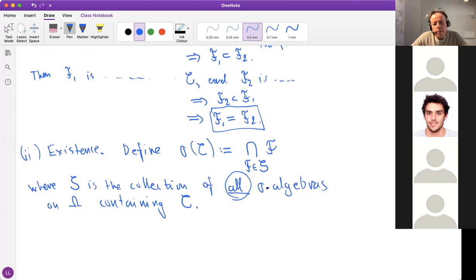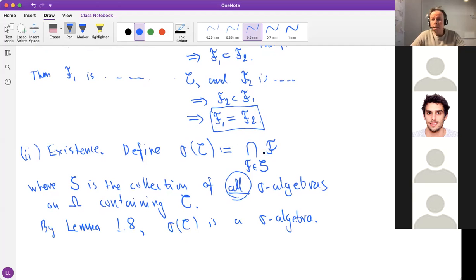But anyway, now by lemma 1.8 that we just proved, we know that the sigma of C is a sigma algebra. It makes sense, right? So this type of very abstract collection does produce a sigma algebra.